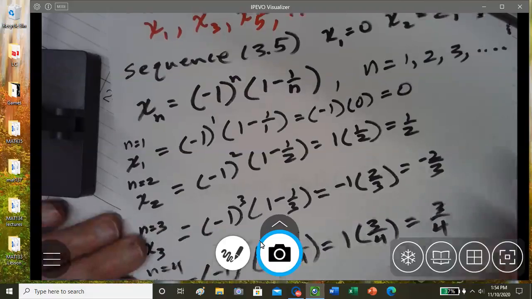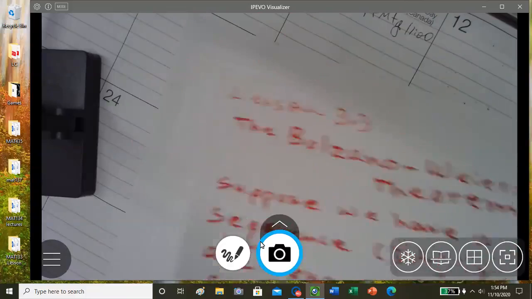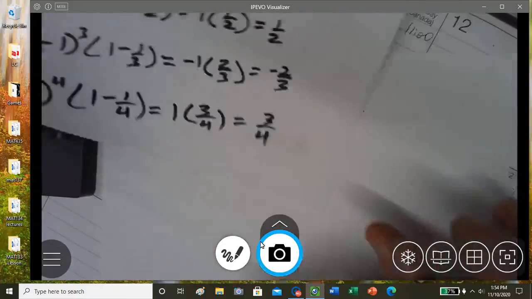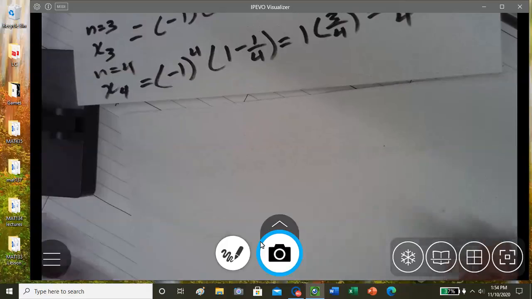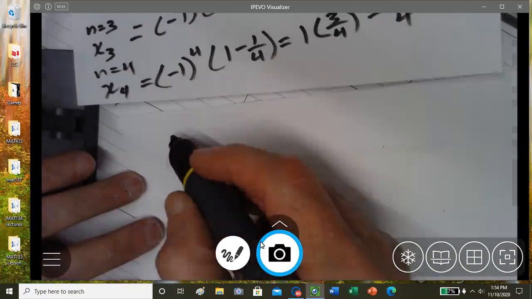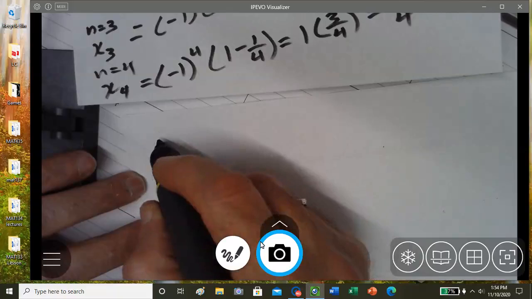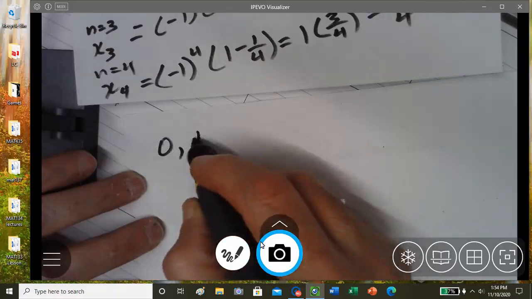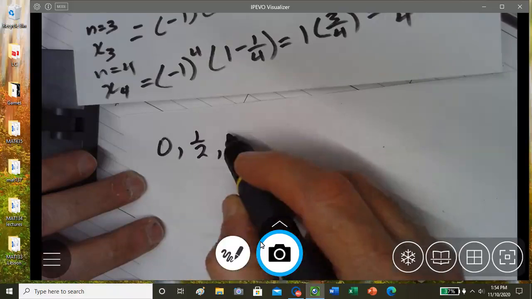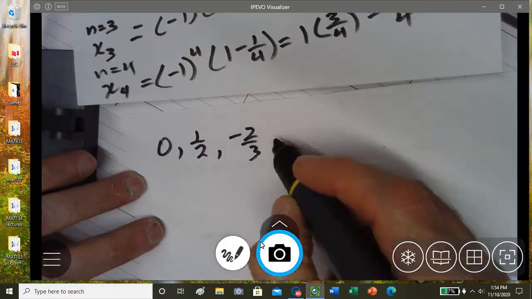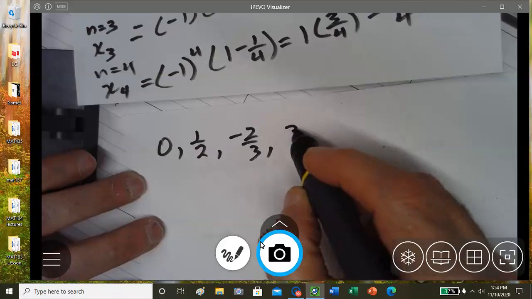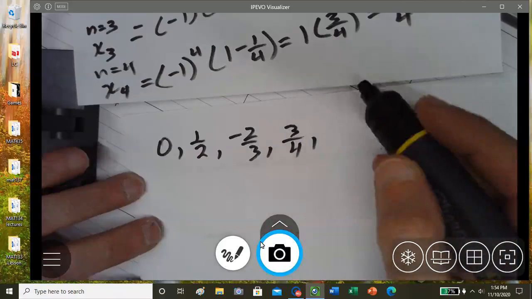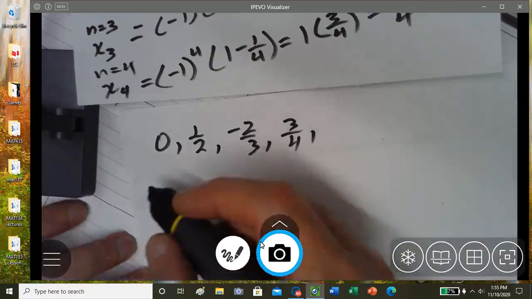And so this continues. If we continue with the sequence, what we have here is 0, 1/2, negative 2/3, 3/4, and this sequence continues.